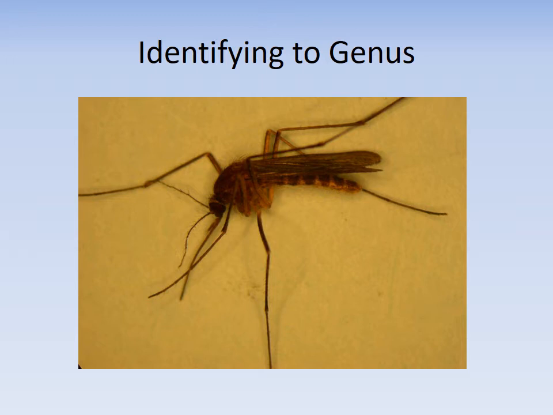Like, I never look for that characteristic. As soon as I see this picture, I'm like, oh yeah, I know what that is. So when you're not ever using some of these characteristics, even a biologist that uses the key all the time still has to think, wait, what is that characteristic? It has to be this size, or it has to be, okay. So it might take us a little bit, but we know how to use the key, and we should be able to steer you in the right direction.